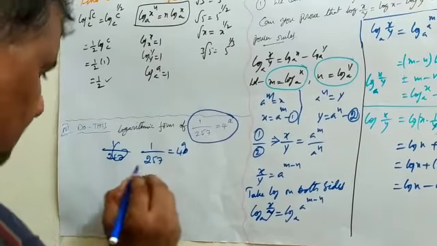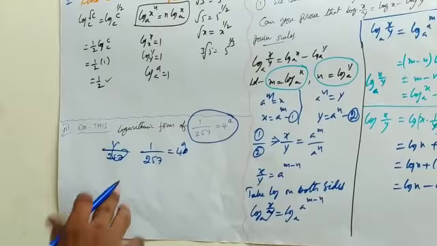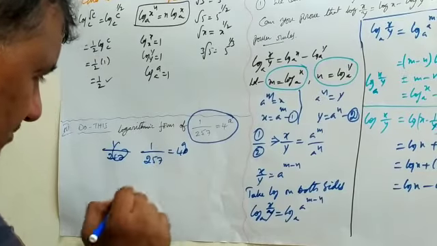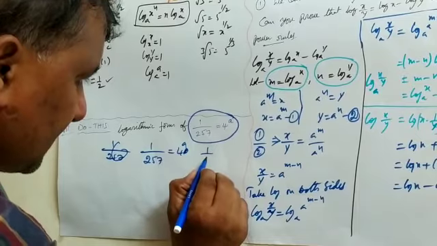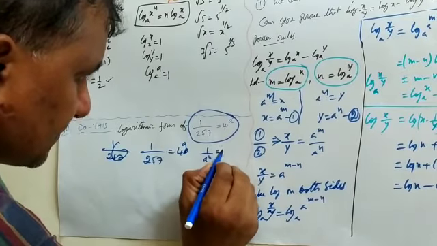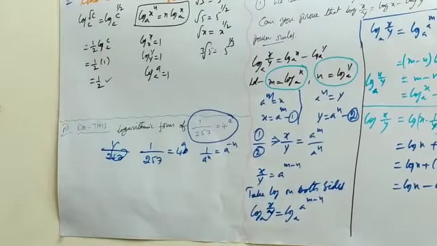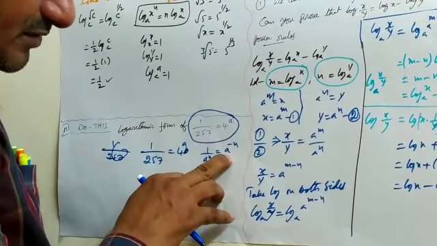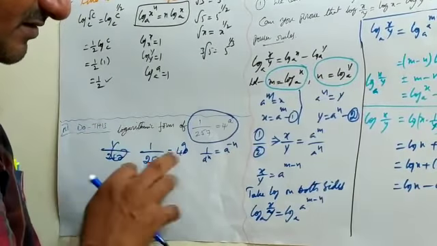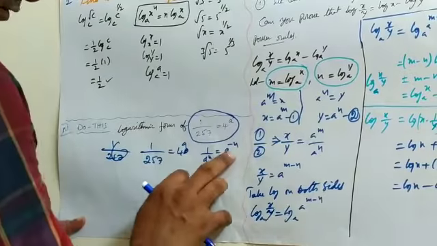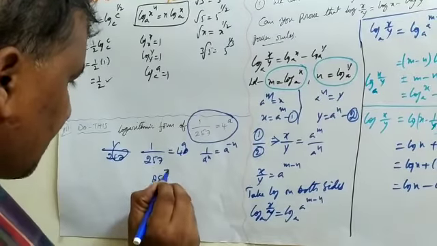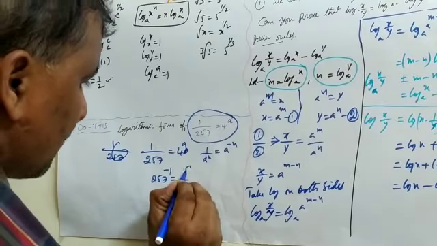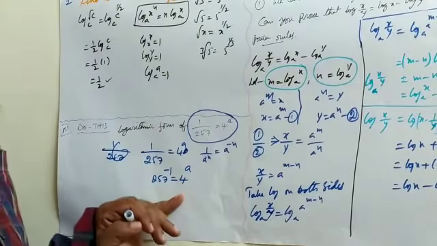The denominator portion converts into the numerator portion: 1 by a power n is equal to a power minus n. So 257 power minus 1 is equal to 4 power a.